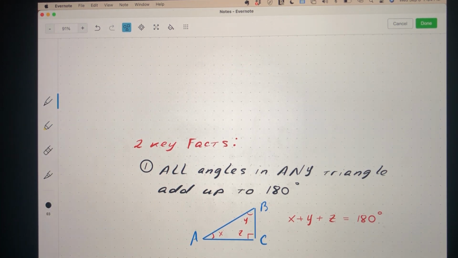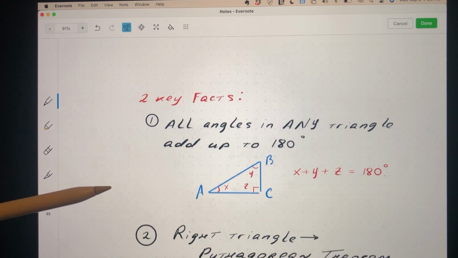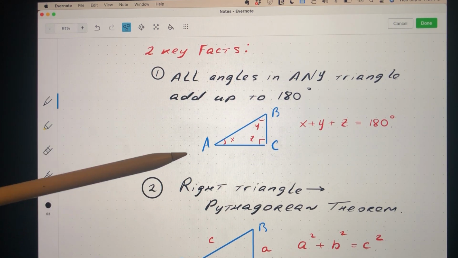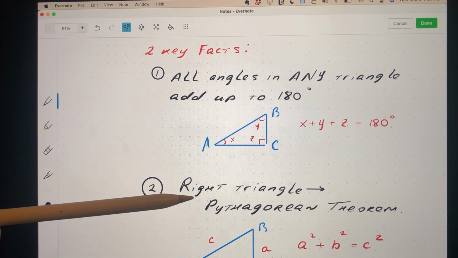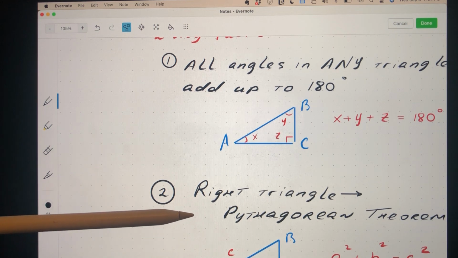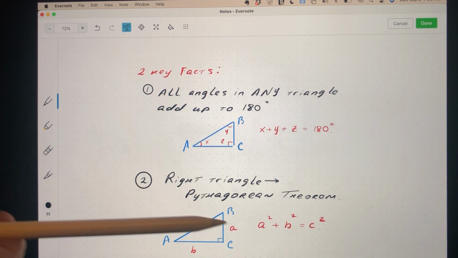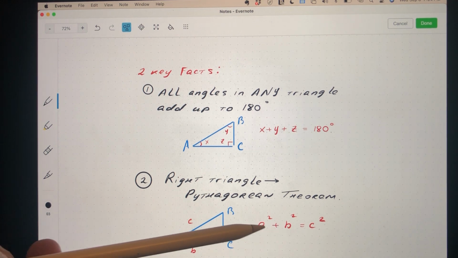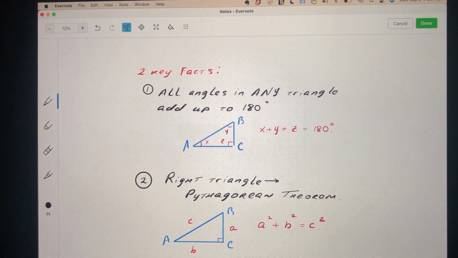The second fact is, if we have a right triangle, and only if we have a right triangle, then we also have the Pythagorean theorem, which says that the square of the longer side, which is the c, is equal to the squares of the shorter sides added up.